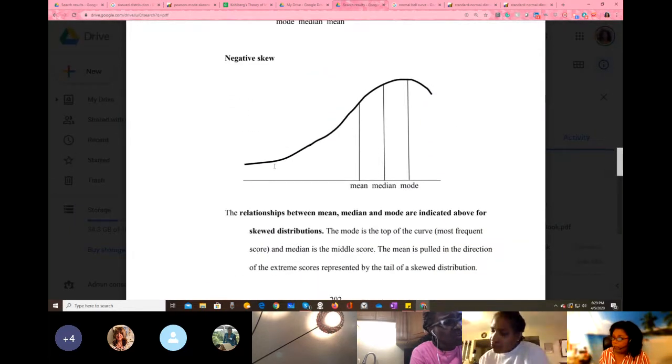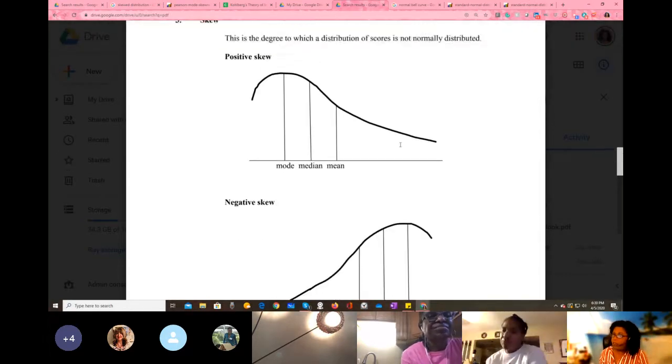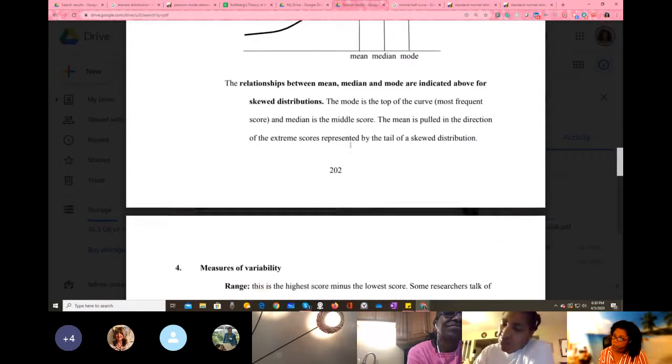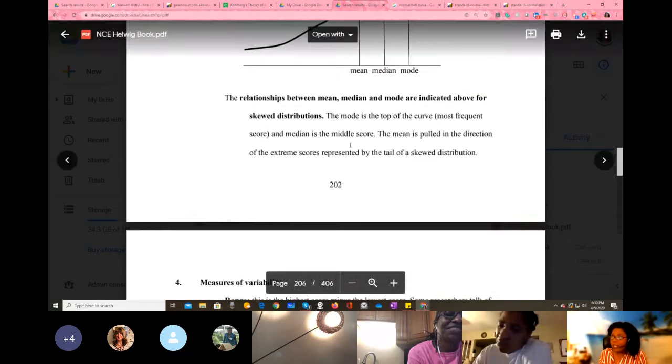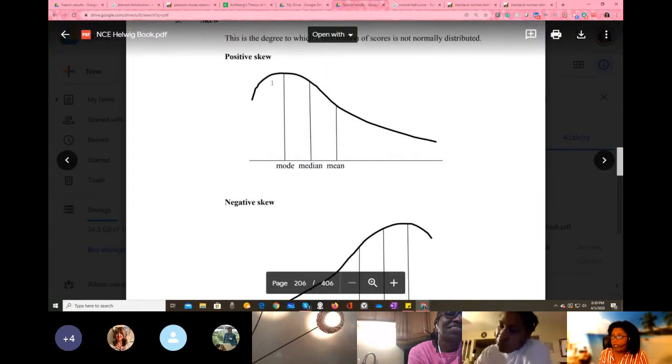Okay. And this is only if the mean, median, mode don't line up. The perfect bell curve is they all line up, but if they don't, there's a skew. It's not confusing. It really is not. Mean, median, mode either line up or they don't. If they don't line up, the assumption is the mode is always going to be the highest point.